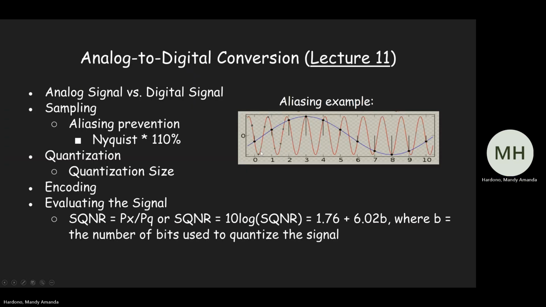Next, we get into encoding, where we have these output states from all the stair steps, but we want to represent that using digital values. So we're going to give each an output binary equivalent. We said that output state 0 is at level 0.